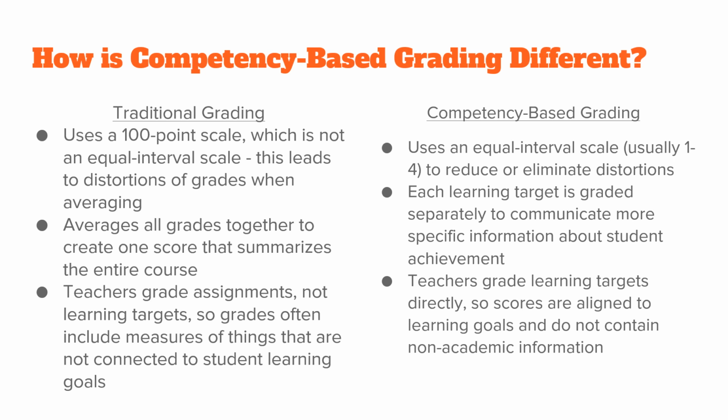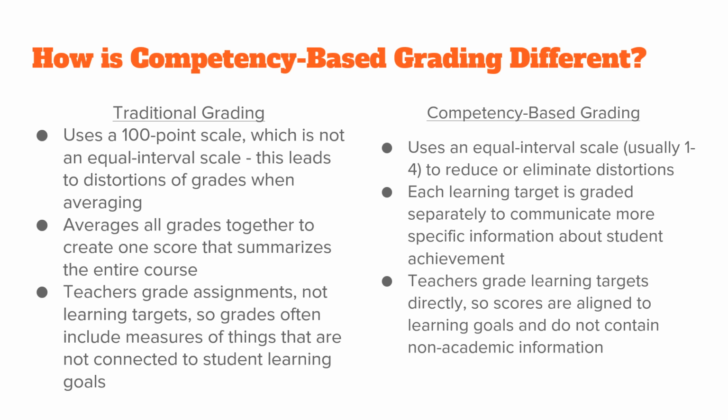And then finally, in a traditional system, teachers assign grades to assignments, whether they be homework assignments or projects or tests. So they're grading things, and not all of those assignments are directly aligned to student learning targets, the things that we are in fact supposed to be measuring.